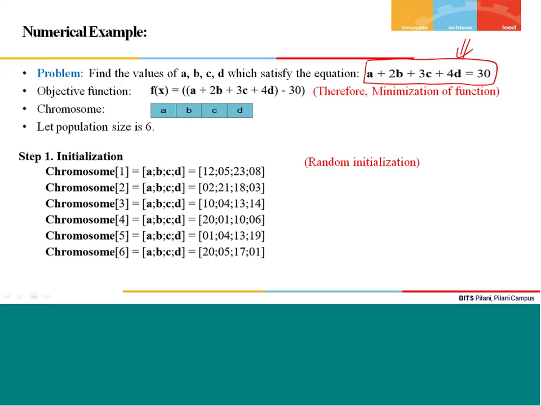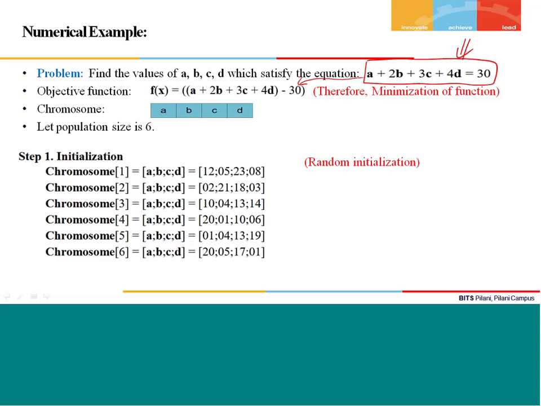And let's say I cannot take these values like. So what are the best values that I can take? So how will I represent this? I just convert this equation into this form, right?